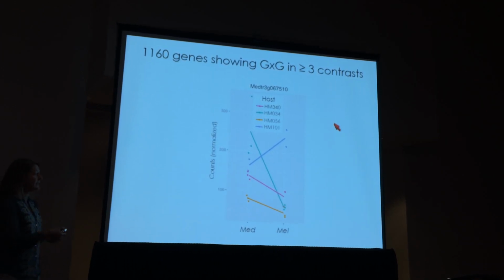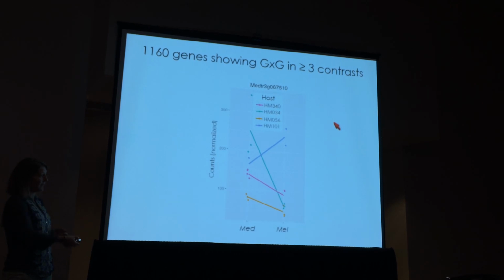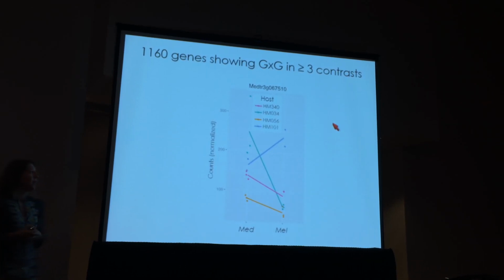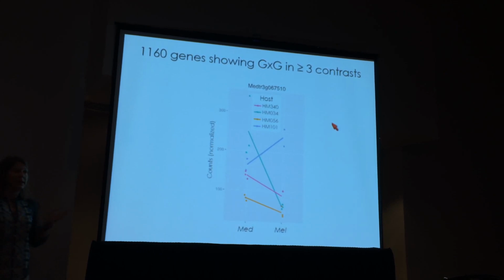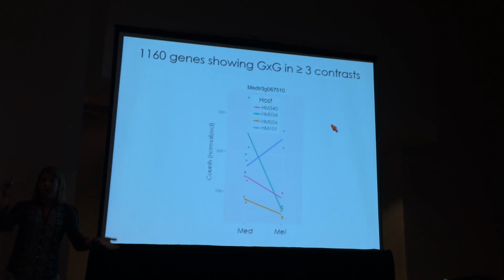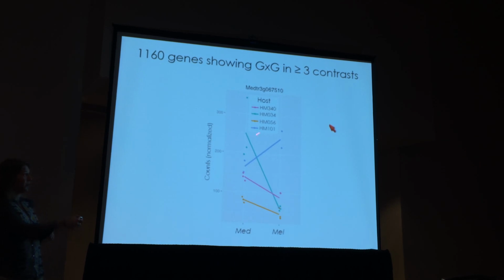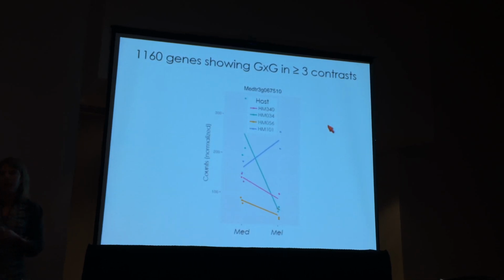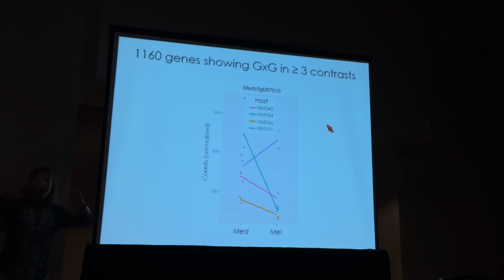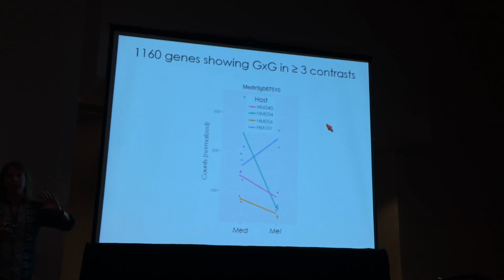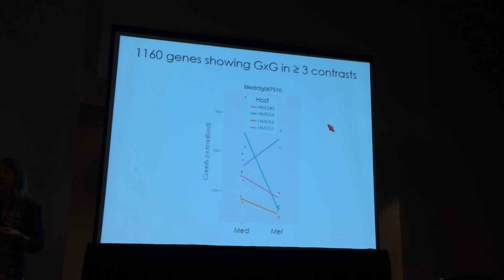And you can see that, so these are the different hosts, and these are the different symbionts. And you can see there are kind of 2 ways that you can get this G by G. One is the same slope, but different magnitudes, like the orange and the green. Another option is having a crossing reaction norm where the plant is actually changing its gene expression directionality completely in response to this symbiont.